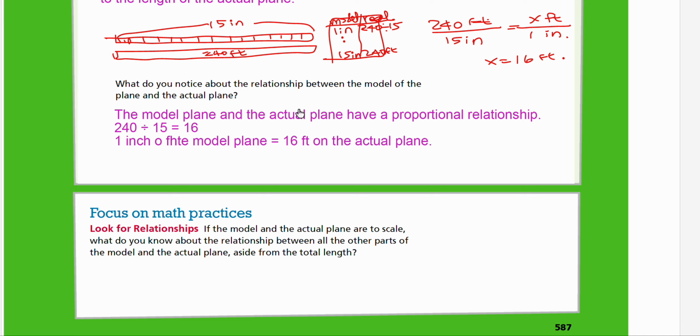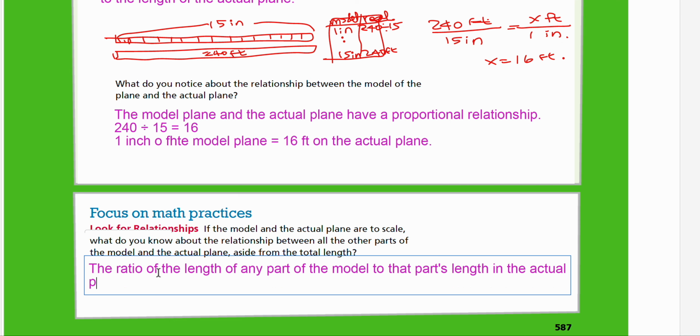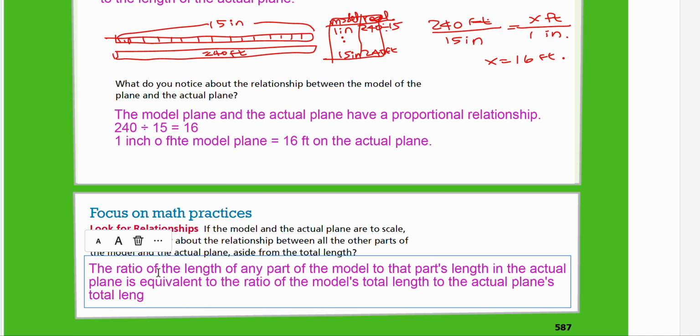So that's basically what we just talked about, but we want to explain it in a different way. The ratio of the length of any part of the model to that part's length in the actual plane is equivalent to the ratio of the model's total length to the actual plane's total length.